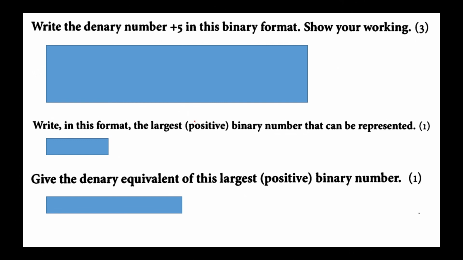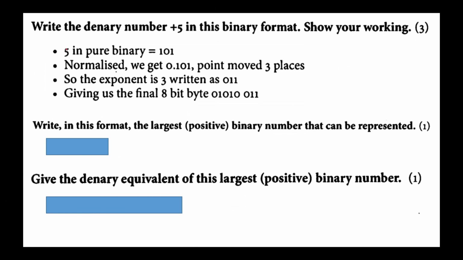Right then, so write the denary number +5 in this binary format. So as you know, it's +5. It needs to start with 0.1. So in pure binary it is 101.